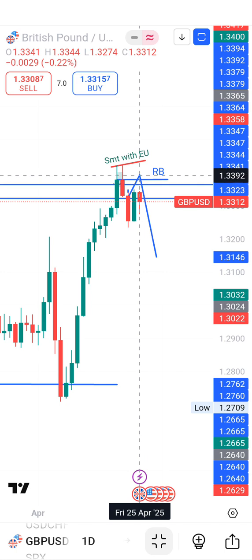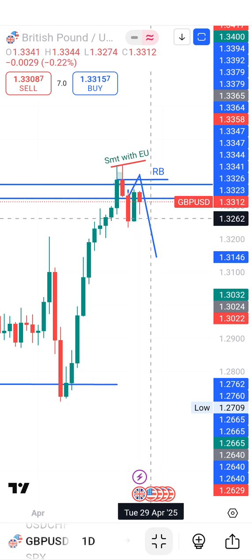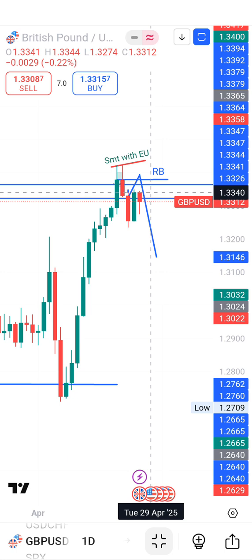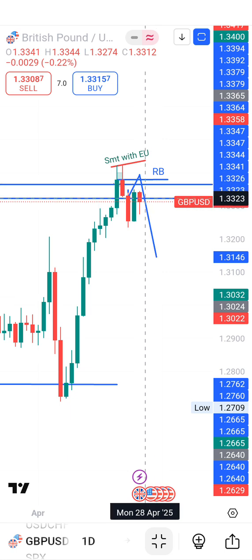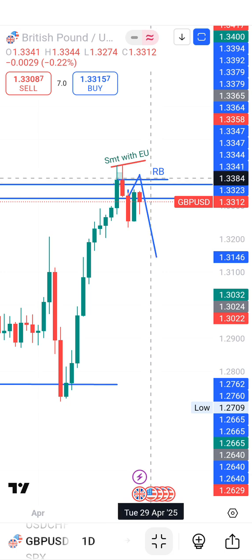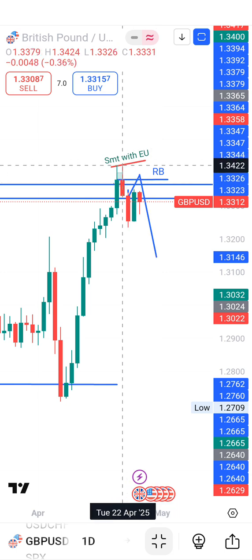That means on Monday, being tomorrow, two things might happen. Either price takes the low of Friday and pushes up, or it will just start pushing up into this rejection block. Probably Monday, Tuesday, or Wednesday, we might see the high of the week. But this area is the invalidation level.